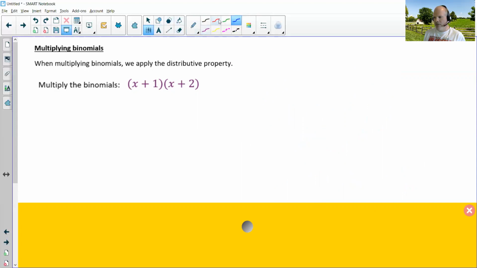So in this case, we have to multiply the x times the x, the x times the 2, the 1 times the x, and the 1 times the 2. So we will end up with x squared, because that's x times x.